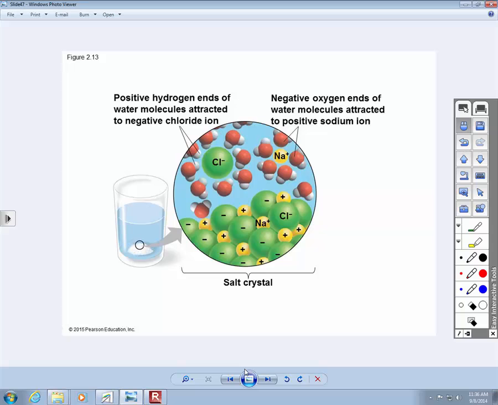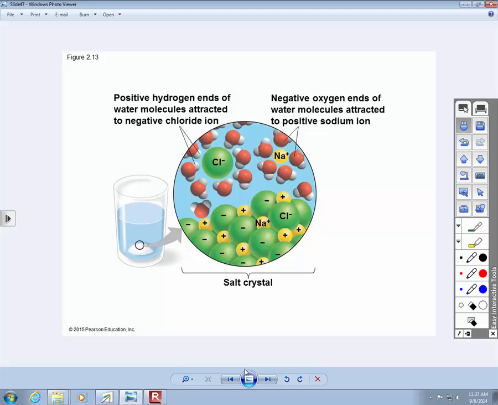Well, notice what happens. That water forms a complete shell around the part negative or the positive part that you're working with. So water will be attracted. In this case, chlorine is negative, so the partially positive hydrogens are attracted to that negative. The oxygen's partially negative, so the hydrogens are attracted here because they're partially positive.